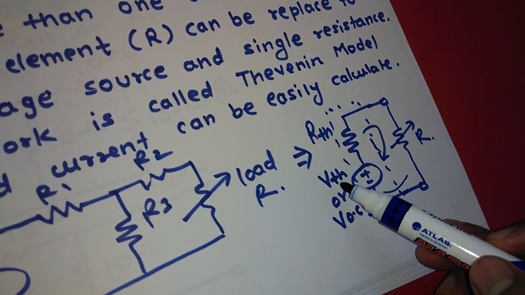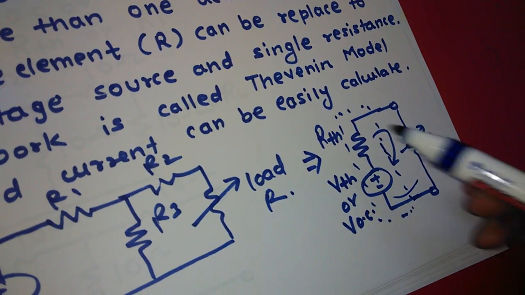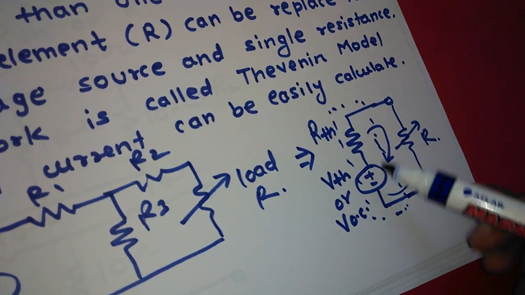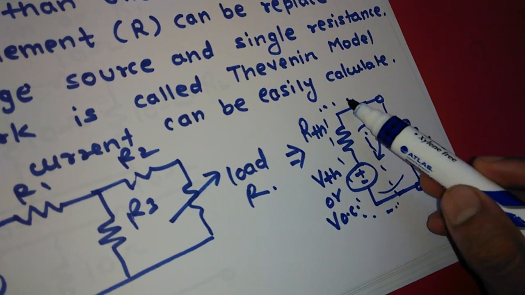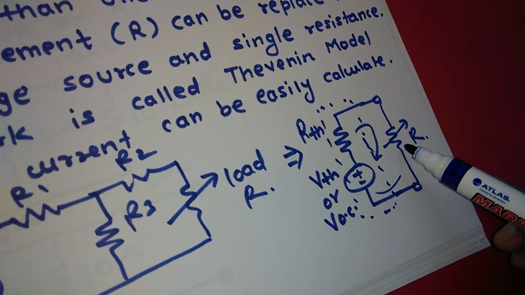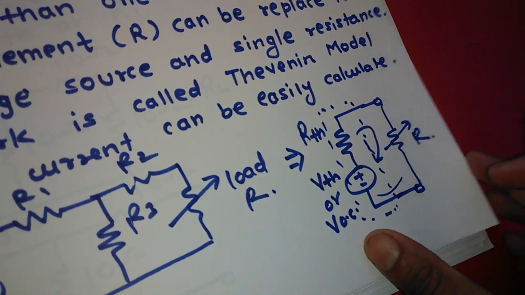This voltage source is called the Thevenin voltage or open circuit voltage. Both the passive and active elements are connected in series, and that represents the Thevenin model. The load is reconnected here, and we can easily find the load current from the circuit.